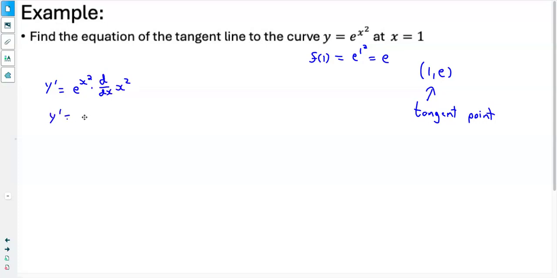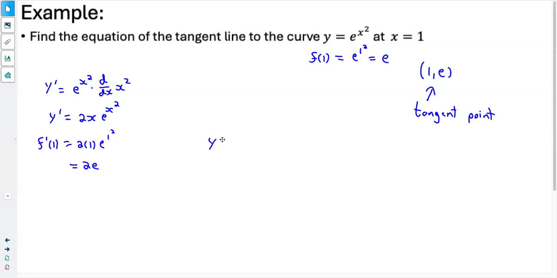So that's going to be 2x times e to the x squared. So we'll find the slope when x is 1. So it would be 2 times 1 times e to the power of 1 squared. So that's just going to be a slope of 2e.